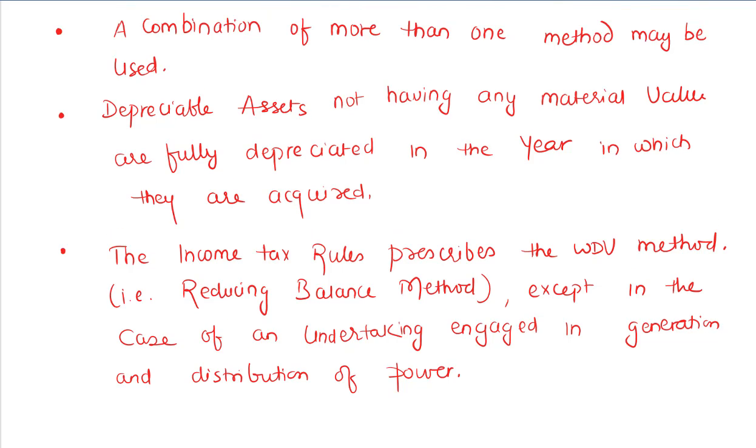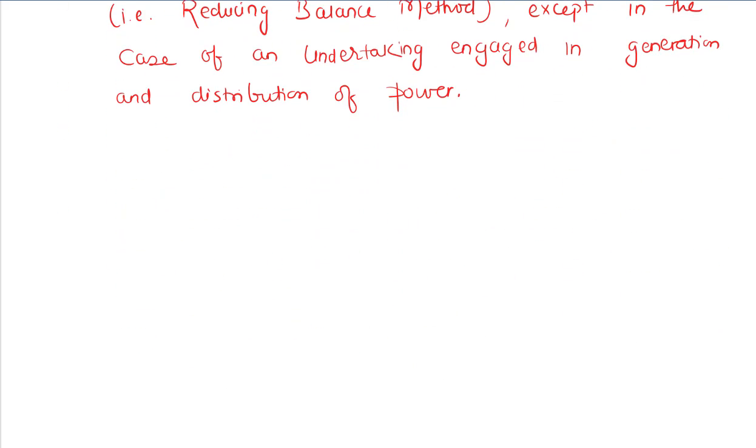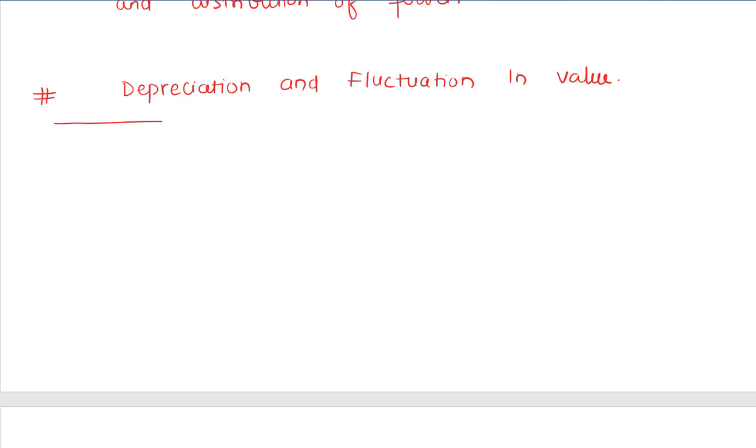Let's move ahead. Okay, we need to learn a theoretical difference in this chapter, and that is the difference between depreciation and fluctuation in value. What is the difference between depreciation and fluctuation in value?